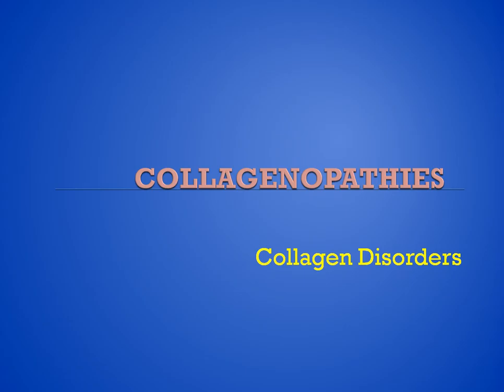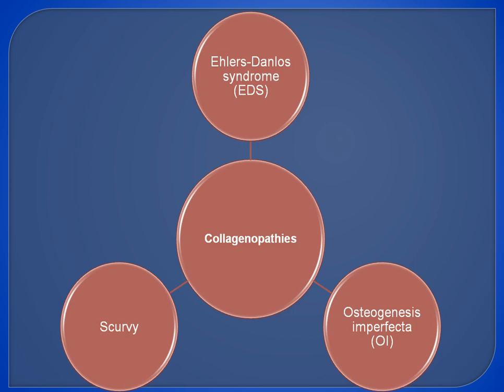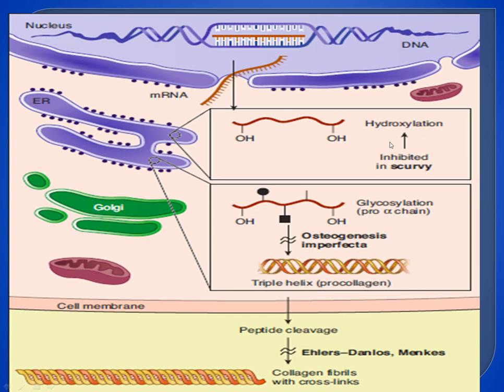Now we will see the collagen disorders, which are called collagenopathies. Mainly there are three types of collagen disorders: Ehlers-Danlos syndrome, osteogenesis imperfecta and scurvy. These are all due to a defect in the synthesis of collagen. Now this is a diagram where you can see at what step which defect occurs and leads to collagenopathy.